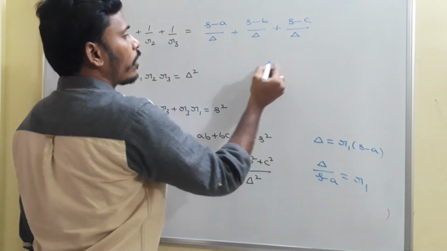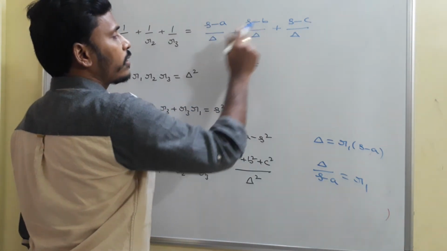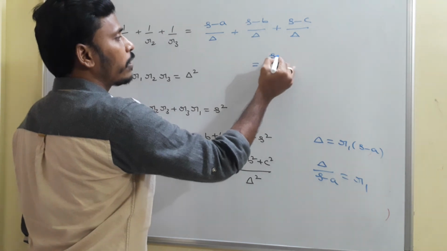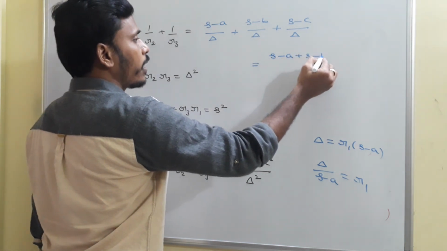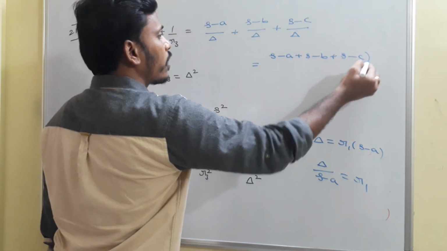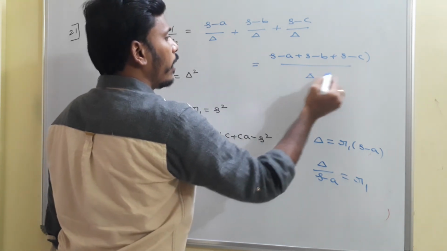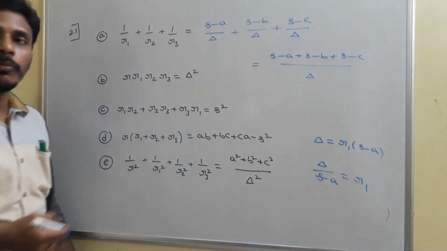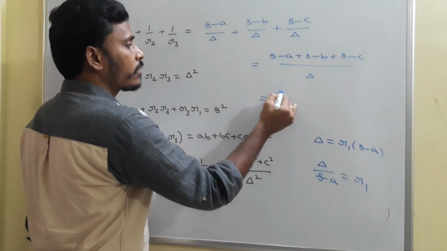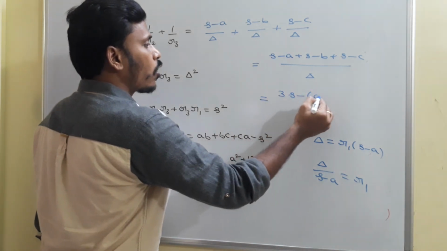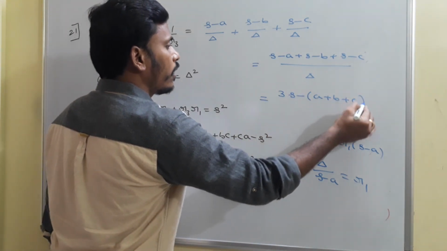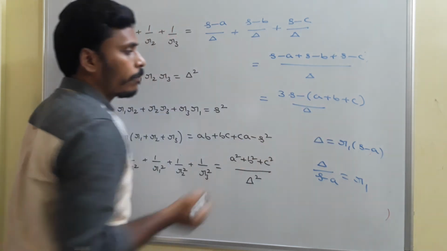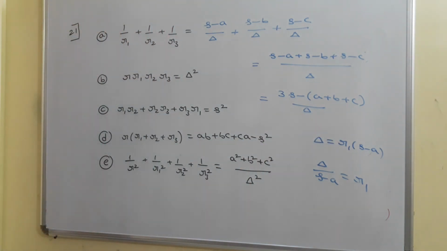So to prove this, what we need to do? The denominators are the same, just add the numerators, not the powers. S minus A plus S minus B plus S minus C divided by delta. Now in the numerator, S and S and S is 3S. 3S minus of A plus B plus C divided by delta. And what is A plus B plus C?